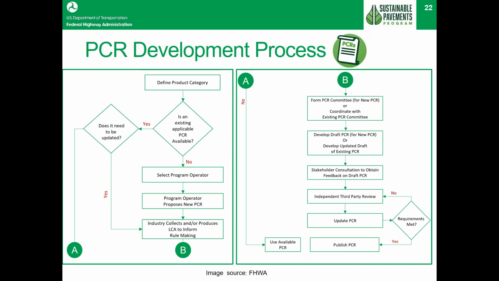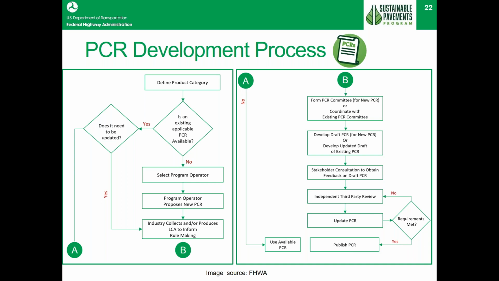If there's a product category rule, but it needs to be updated, that means that the industry itself needs to collect or produce life cycle assessment to update the product category rule itself, and then there's a series of subsequent steps that involve creation of committees, the development of a draft product category rule, consultation with stakeholders, independent third-party review, assessment to determine whether the requirements of the rule have been met, and if not, to iterate back.